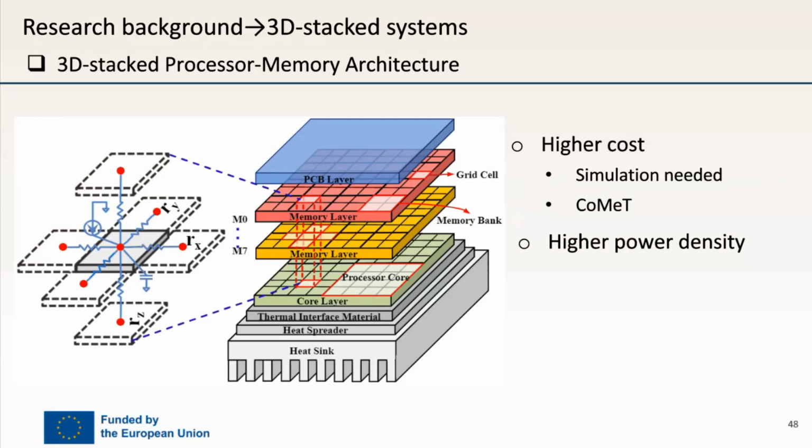Additionally, the integration of the cores and the memory in a 3D architecture increases the power density compared with the 2D counterpart. Without effective heat dissipation techniques, the heat transfers not only horizontally but also vertically, worsening the thermal conditions.